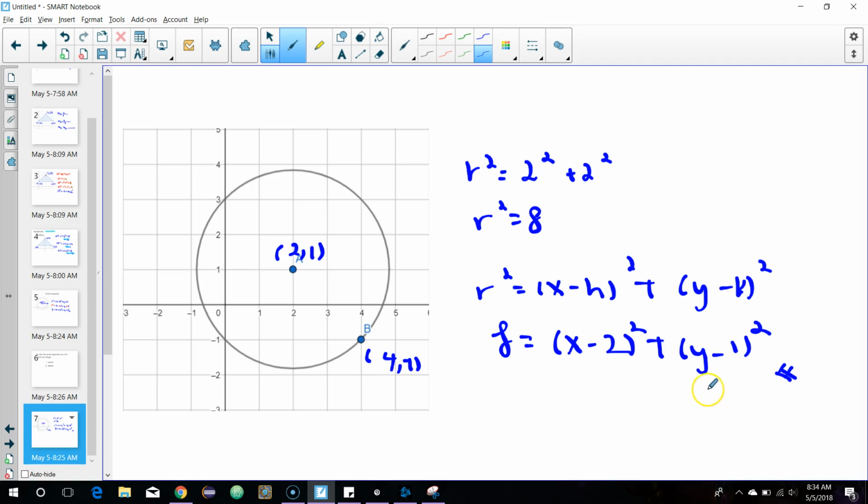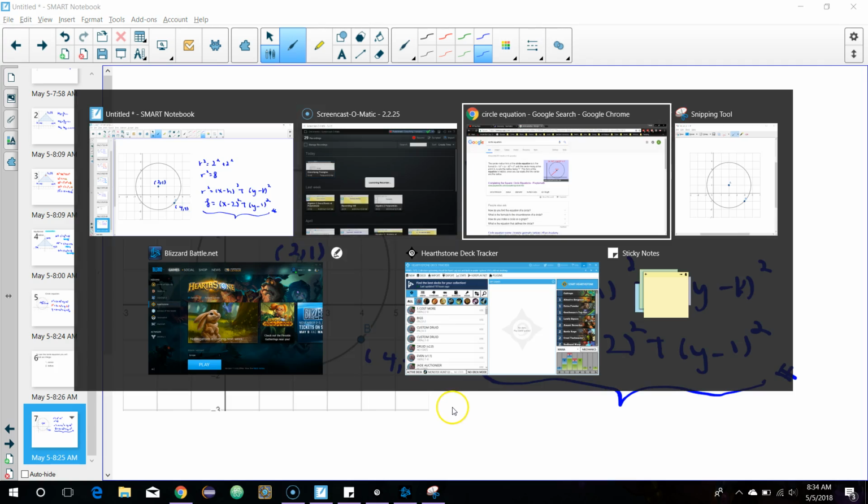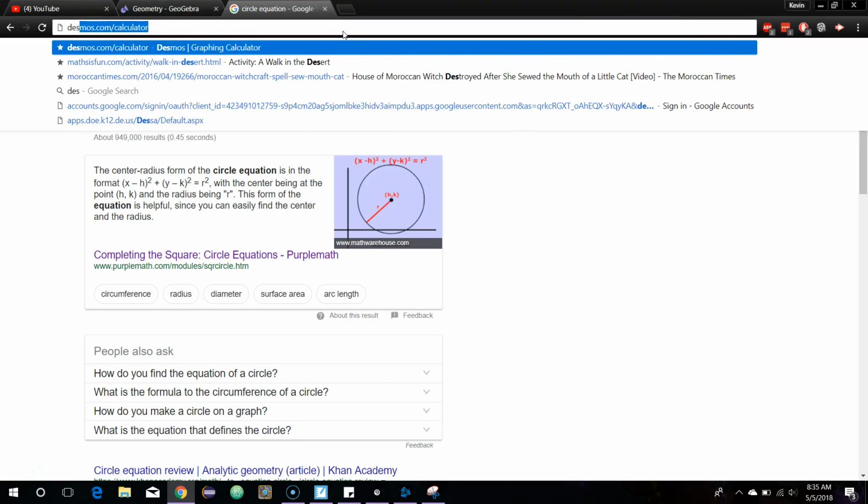Okay, and I know we started with the diagram, and I want to tell you why this is actually very useful. Now, if you actually get yourself a circle formula in the beginning, you can draw this out right away. You can go onto Desmos and plug that in. I know I used algebra over here, but let's pick Desmos this time.